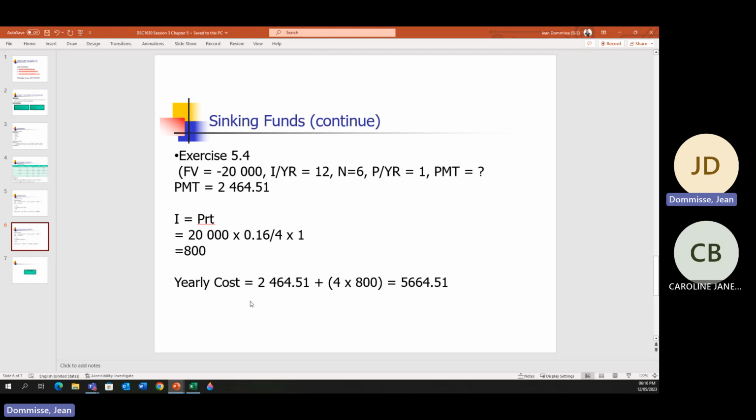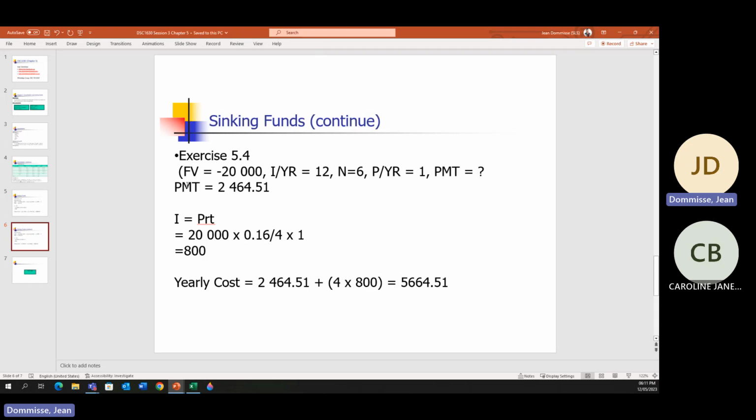At the moment, you look at the calculations with your calculator or with Excel. It's the same functions, but you must tweak it a bit to work out a different value. The only thing that's different with the sinking fund is that they ask you to work out a yearly cost. So you still work out a payment per month or payment per term or payment per period.